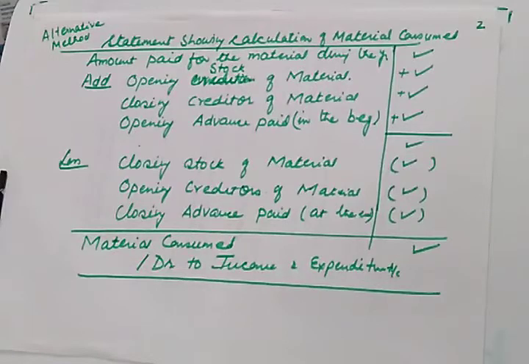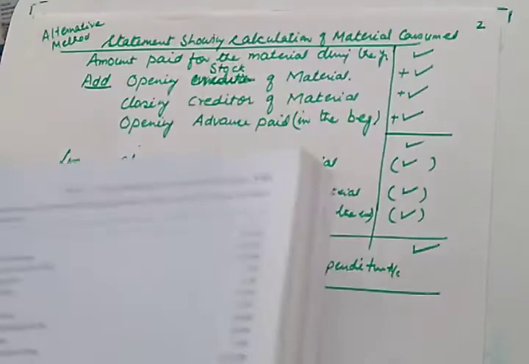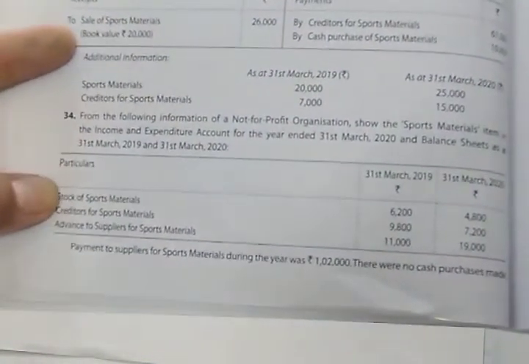So let us do one numerical from T.S. Grewal's book. This is question number 34. So see question number 34 on your screen. Yes, this is question number 34. I am talking about this question.